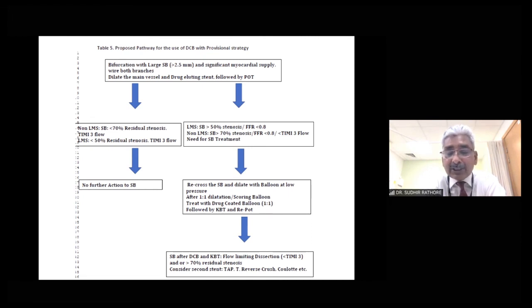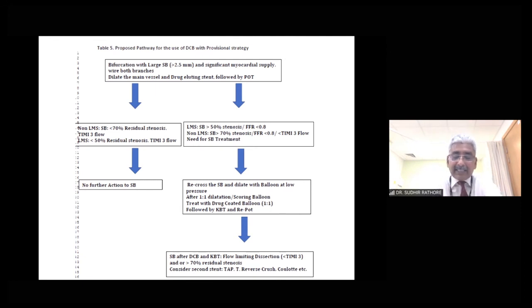If the residual stenosis in the left main is more than 50%, side branch more than 70%, I usually cross the side branch, dilate the lesion 1-to-1 with a semi-compliant balloon or non-compliant balloon, followed by treatment with drug-coated balloon, followed by kissing balloon with the drug-coated balloon and another non-compliant balloon into the main branch, followed by POT.